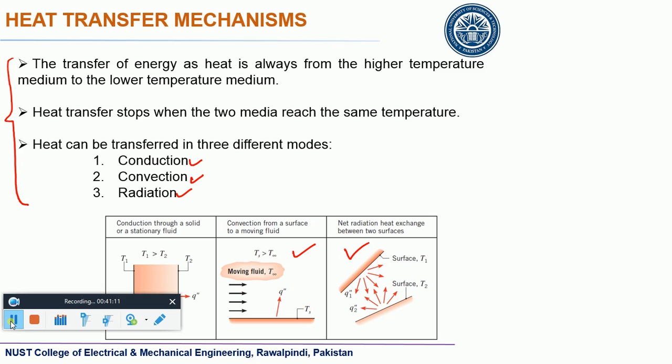You can have a stationary surface as well, but then the convection rate would be low. Okay, but there should be two media you can say, right? So for this point, we will start from this.